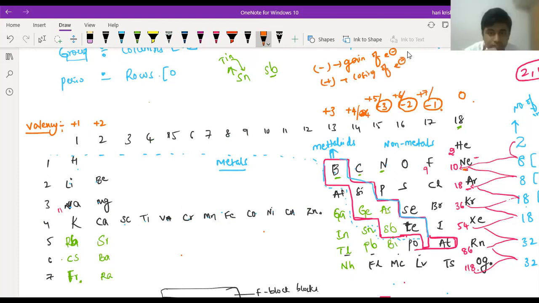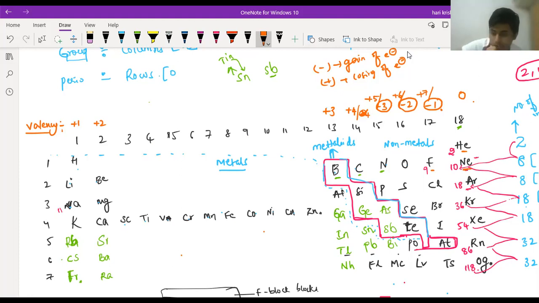If fluorine gains one electron, it will get the configuration of neon. At the same time, if it loses 7 electrons, it will get the configuration of helium. Similarly, if oxygen gains 2 electrons, it will get the configuration of neon, but if it loses 6 electrons, it will get the configuration of helium. That is the meaning. Clear now?